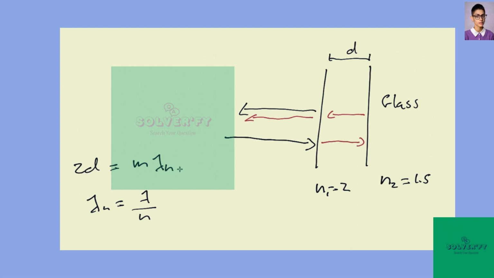Now, there's another thing you have to consider here, which is that when you go from a lower index of refraction to a higher index of refraction, the reflected ray gets shifted by half a wavelength. So on the left side, the index of refraction is air. I'll call that N naught, and that's just 1. So we're going from 1 to 2 here, index of refraction of 1 to 2.